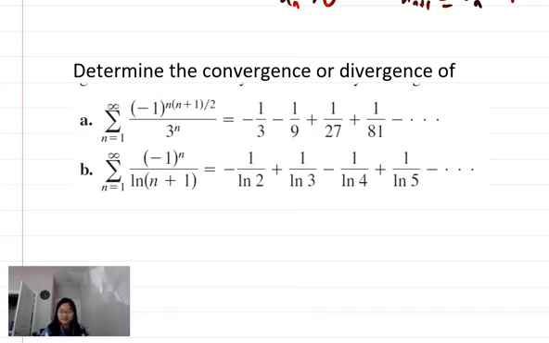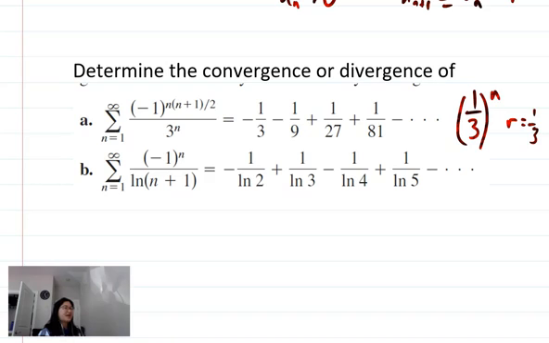And so we're kind of sad about that. So this is not alternating, but what is happening to it? Well, effectively we have 1/3 that's being raised to the n power with some sign changes that's happening. And this is a geometric series, right? Where r is going to be 1/3. 1/3 is less than 1.